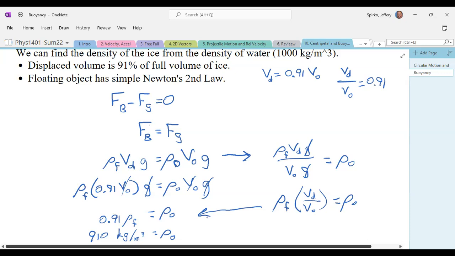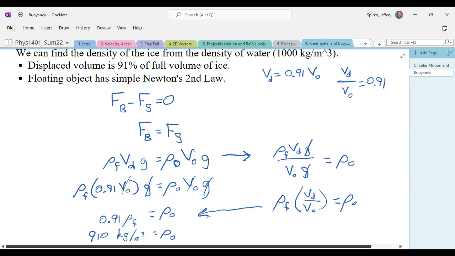And one of the keys to dealing with the floating object, again, is to recognize the difference between the portion of your object that is sticking up above the surface and the portion that is under the surface. They have to total 100%. Usually you're thinking about the part you can see, and usually you're above the water. So you see the portion that sticks up, the 9%, and you have to convert that to the 91% because that's the part that fits into the formulas, is the displaced portion.